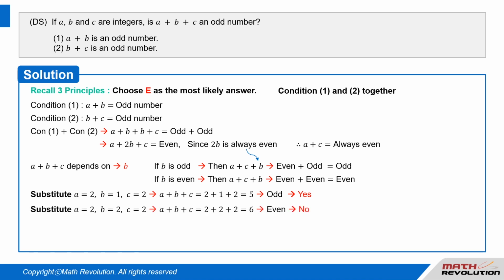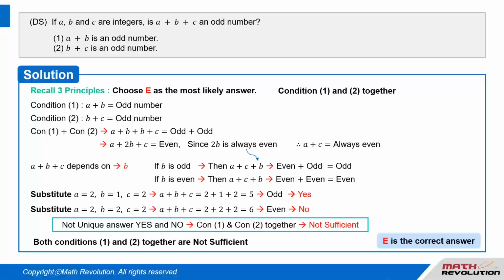Next, let's make B an even number and substitute in A equals 2, B equals 2, and C equals 2. Then we get A plus B plus C equals 2 plus 2 plus 2 equals 6, which is even, or no. The answer is not unique, both yes and no, so conditions 1 and 2 combined are not sufficient.